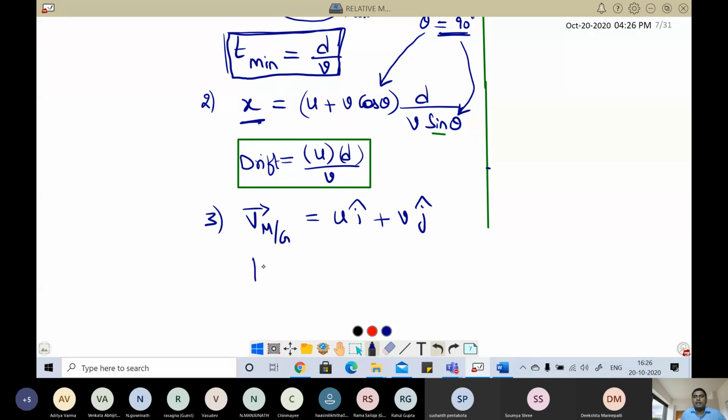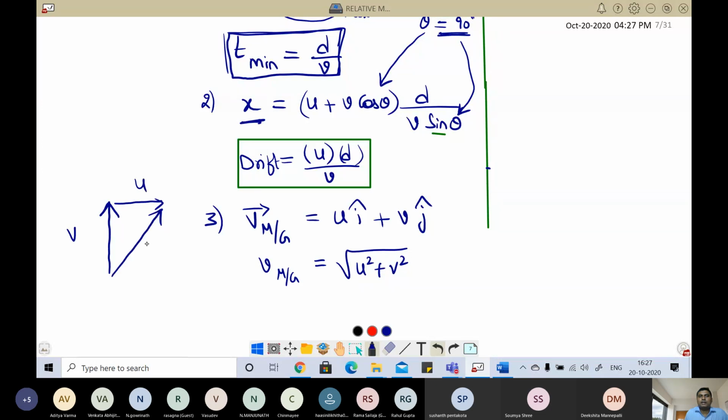If you write just the magnitude of the velocity of man with respect to ground, it is under root u square plus v square. Okay, and what is the angle made? This is called velocity of man with respect to river, which is u.